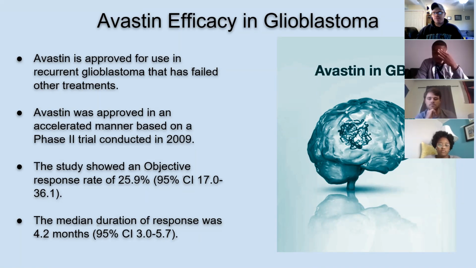People are dying in 15 months, and the medication needs to help along with that. So Avastin is approved only for recurrent brain tumors. Only after someone's already had surgery and radiation, and they failed it and the tumor is growing again, do we use Avastin in the United States.